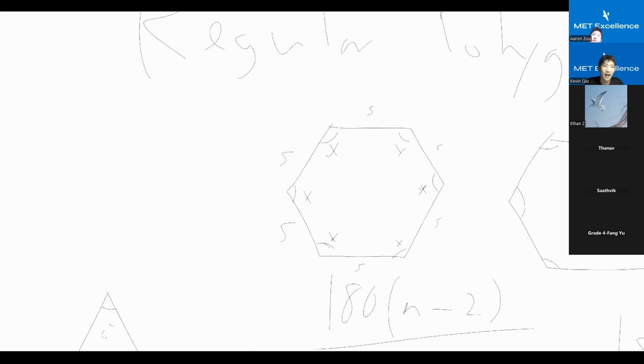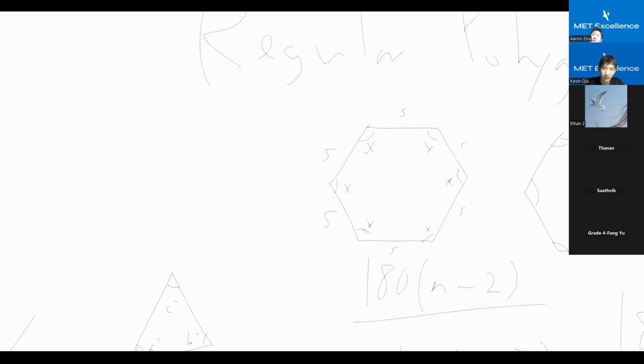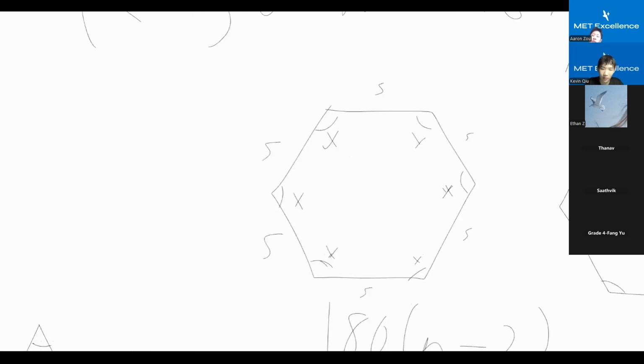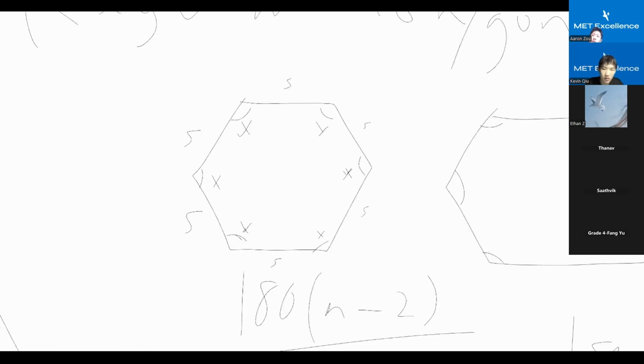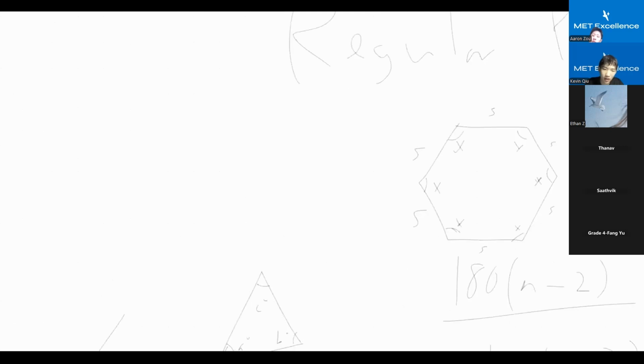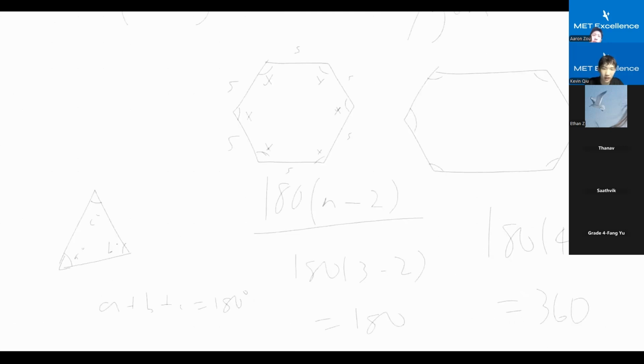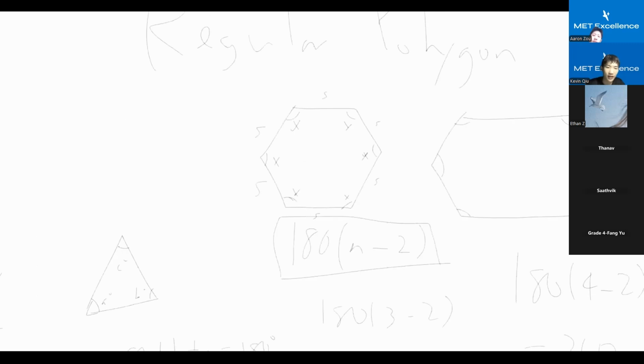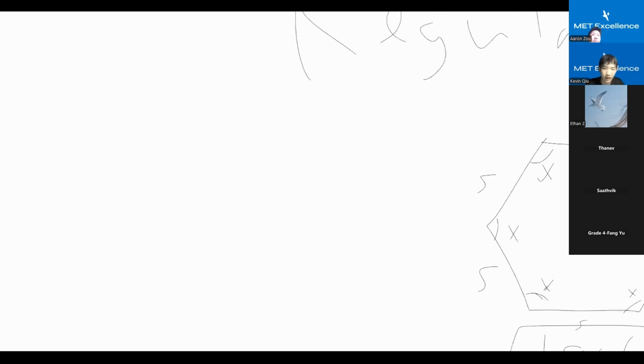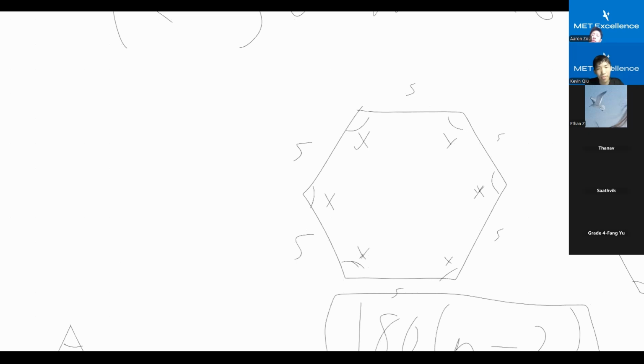And so that means we can find the interior angle for a regular polygon. So using this formula, can you guys tell me the interior angle measurement of a regular hexagon as shown here? Go ahead and put that in chat.